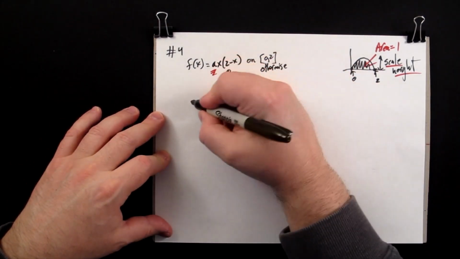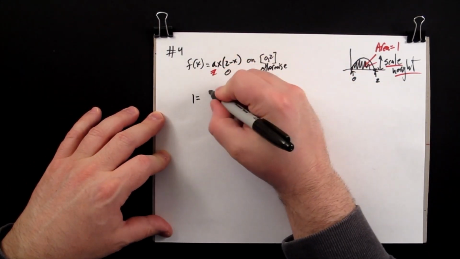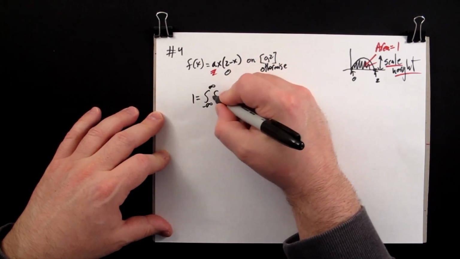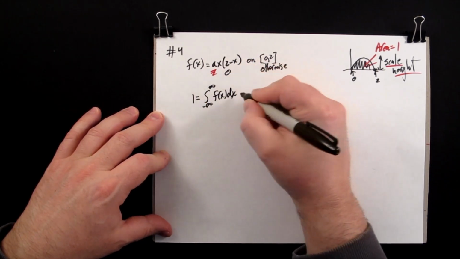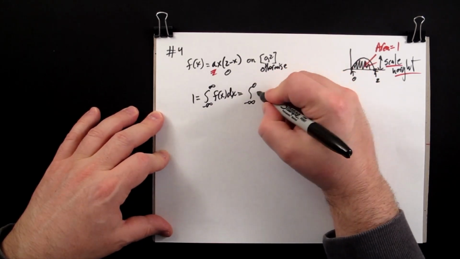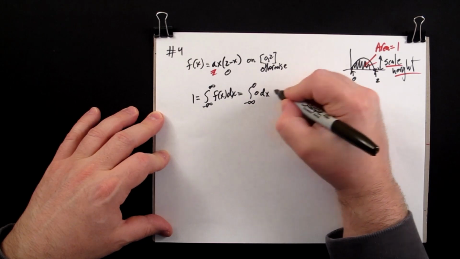So what we want is, we're trying to make it a probability distribution, so the area under the entire curve has to be 1. This shuts off below 0.